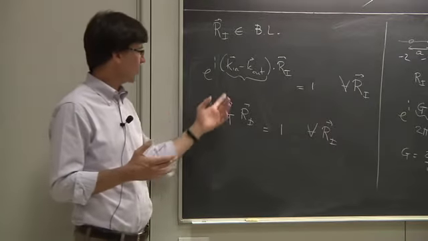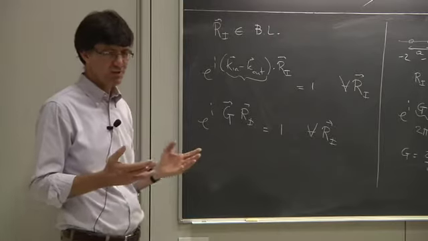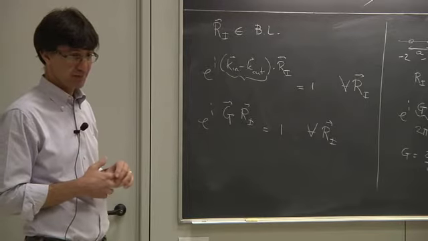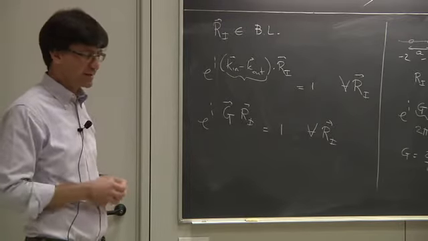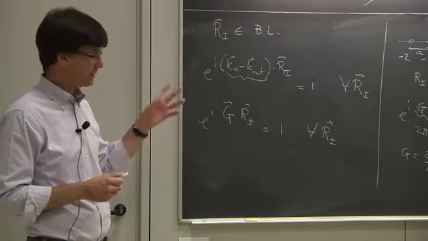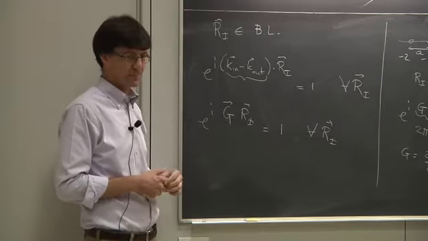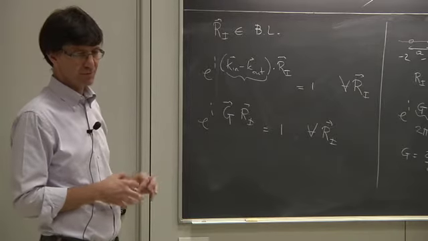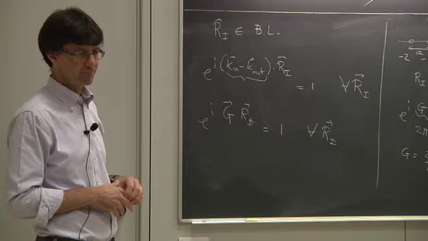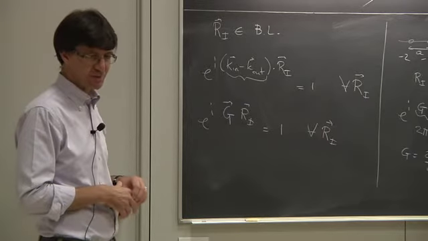All the other values of k_in minus k_out will give me essentially zero. So I will suddenly have peaks in my detector when this condition is met. Otherwise, the signal is close to zero.